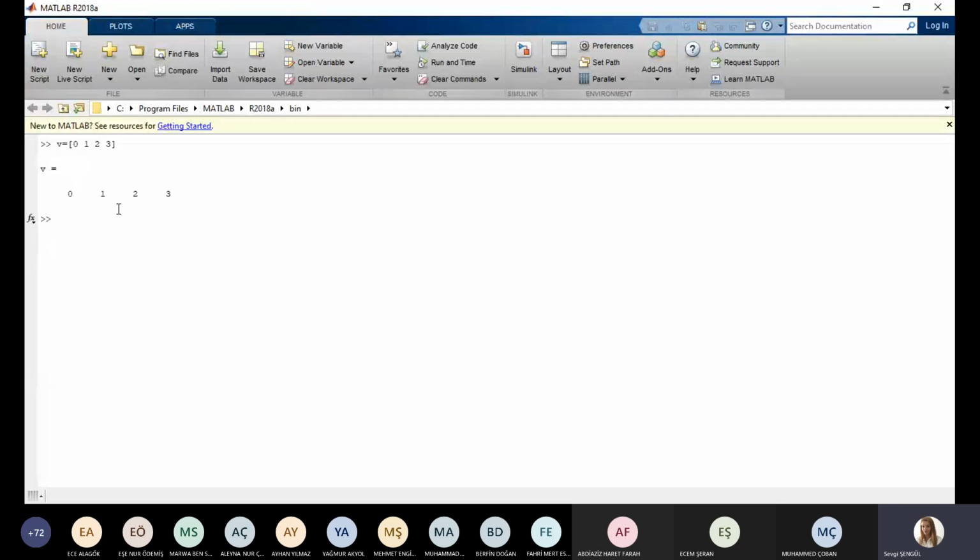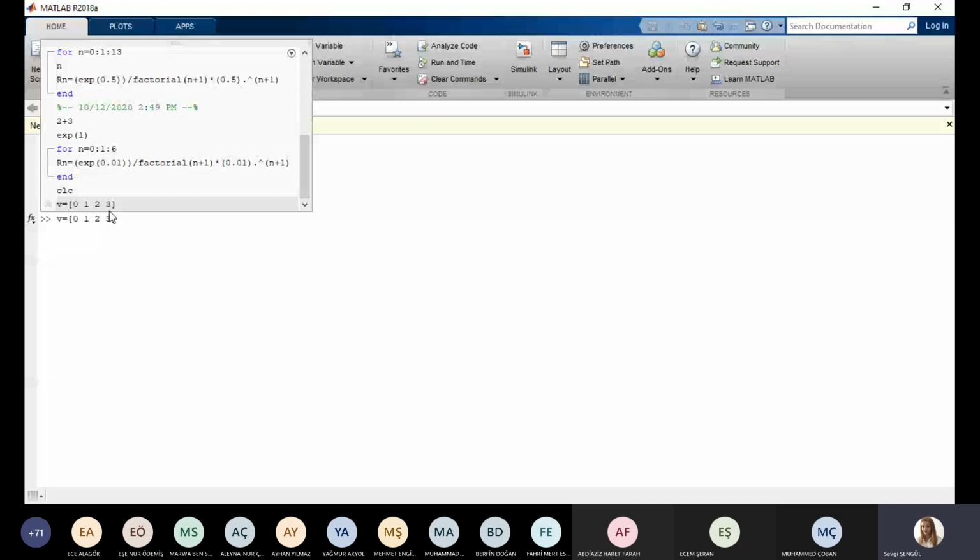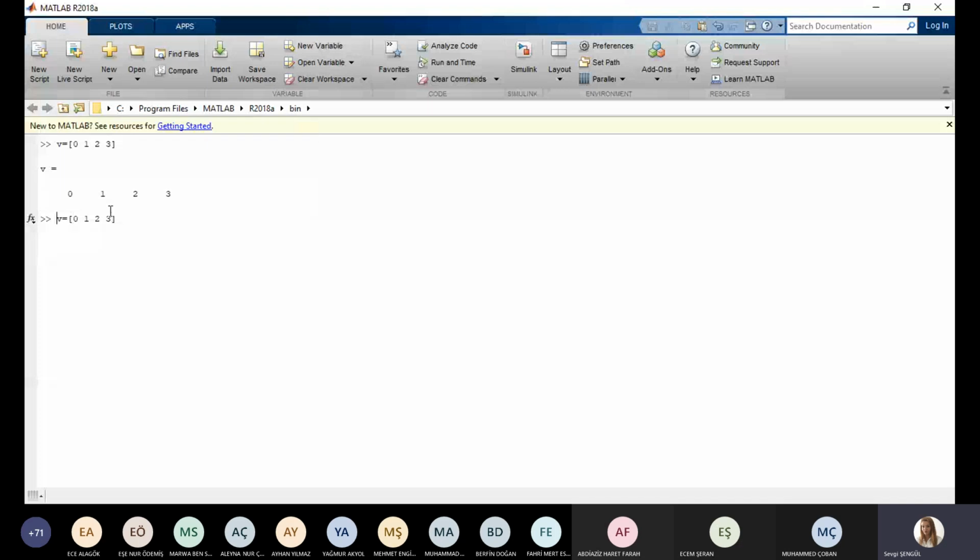If you want a column vector, let me call it C instead of V. If you put semicolons between the elements, your vector will be a column vector.